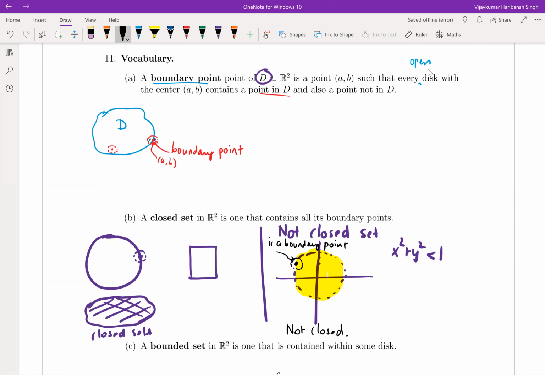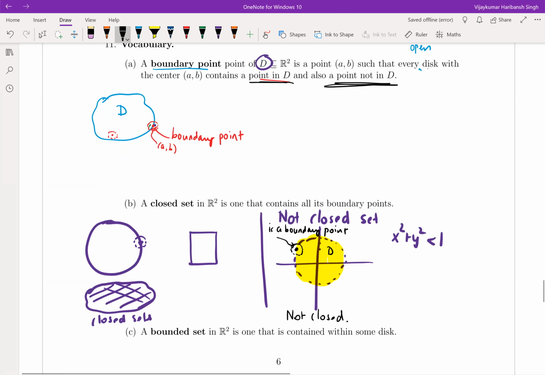It will have points which are in D and also points which are not in D. So this is a boundary point. But since we have excluded the edge of the circle, this point is not in our set D. So it's not closed.